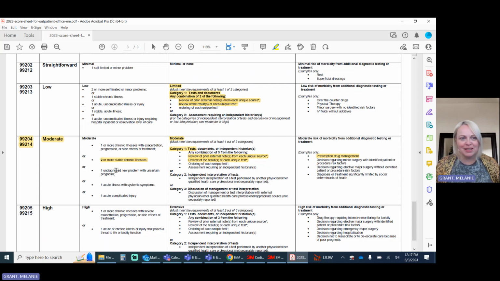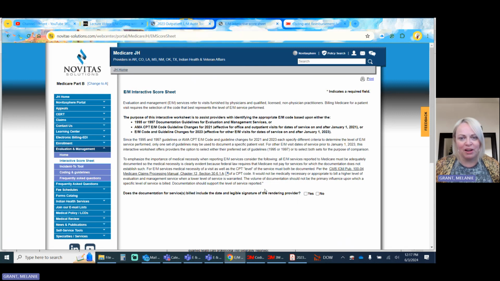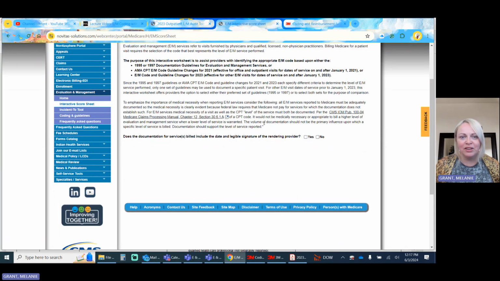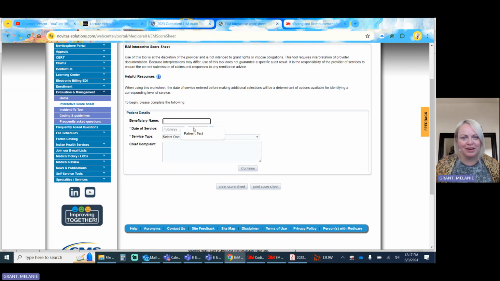So this is how we would select it. We're still in the same level of service, but let's look at how our interactive tool will help us select that. Now they're going to ask us some questions each time we use this. Did we document the services? Yes, I wouldn't be coding it without it.